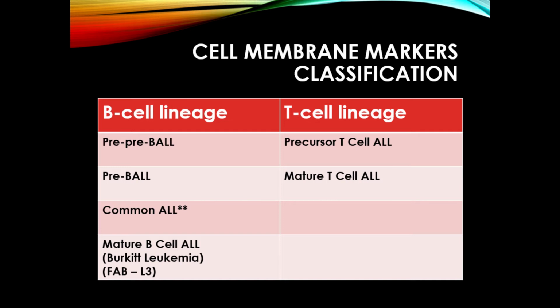On the right side, we find the T-cell lineage, precursor T-cell ALL, and the mature T-cell ALL. It's very important to know the cell markers as it carries a great role in prognosis and the type of treatment the patient should receive.